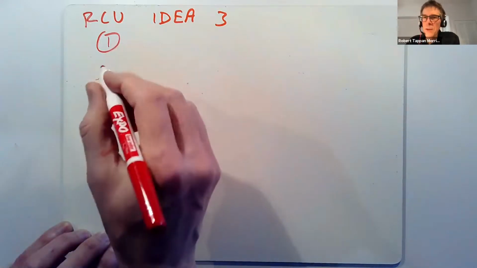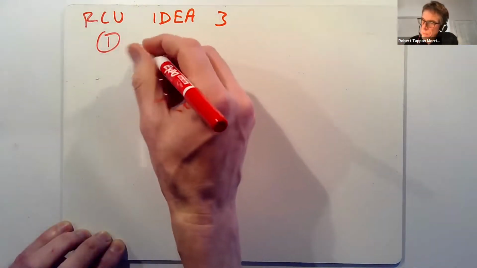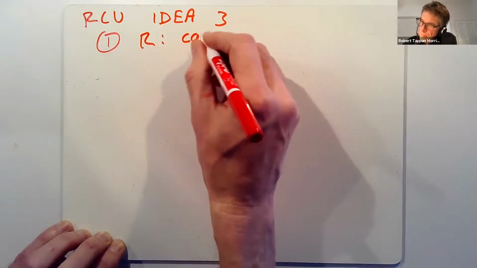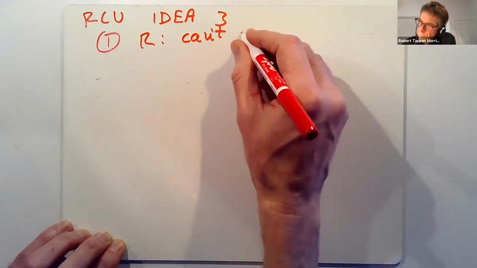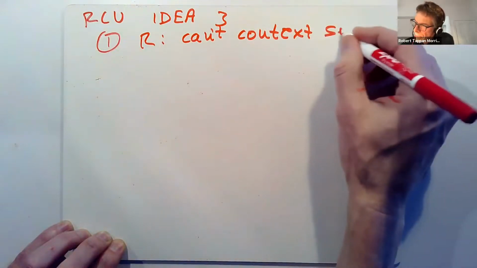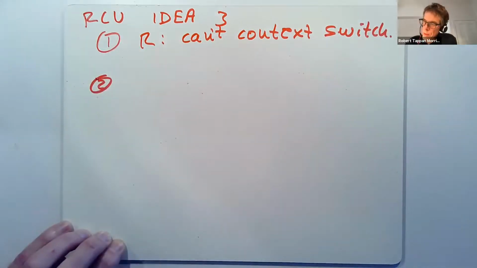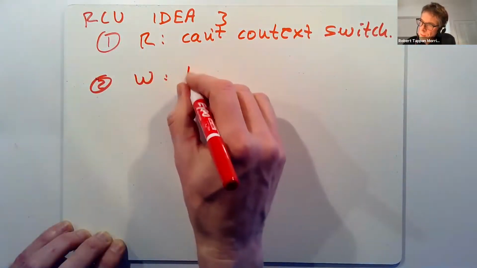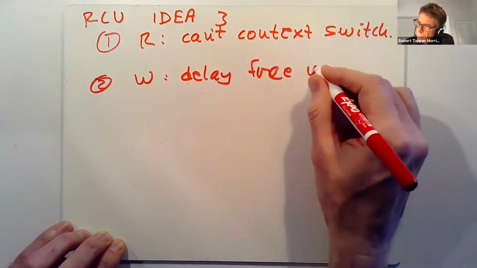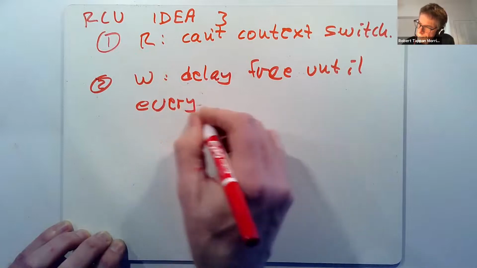So a reader is not allowed to hold a pointer to one of those list elements across a context switch. They cannot yield the CPU in an RCU critical section. And then the writers delay the free until every core has context switched at least once.